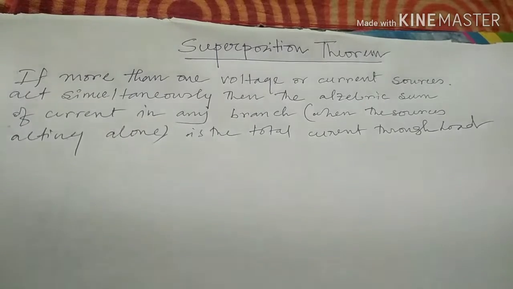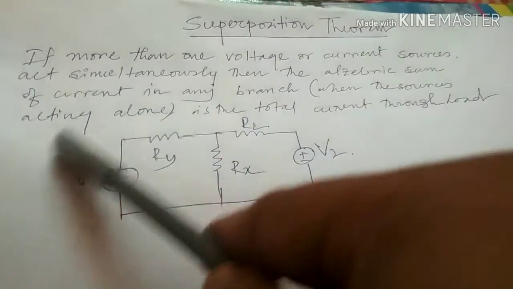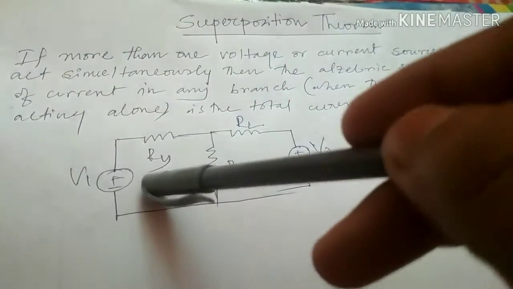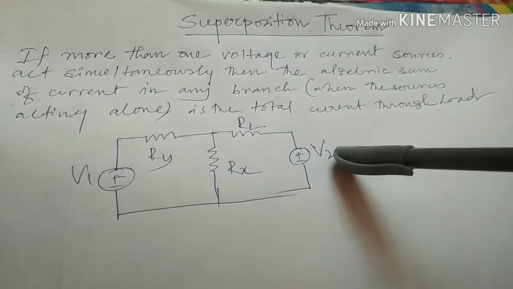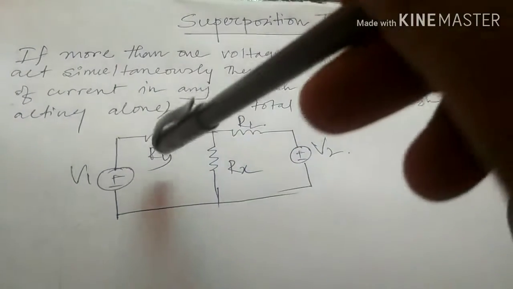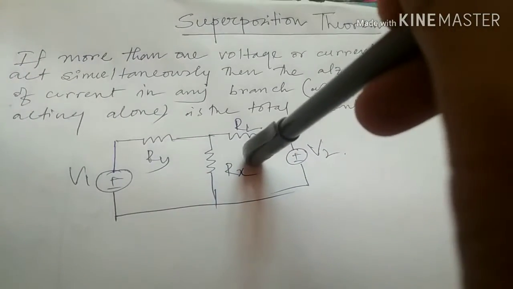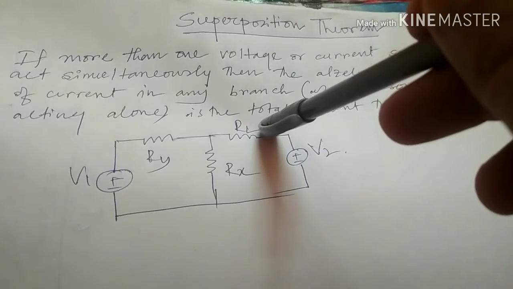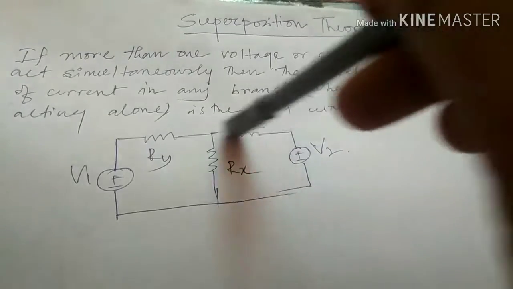So now let's start. Consider this circuit as a network. This is one voltage source and this is the second voltage source, and these are Rx, Ry and RL resistances. This is the load resistance, and I need to calculate the current through RL.